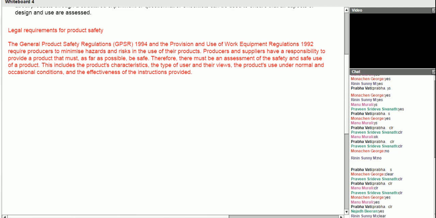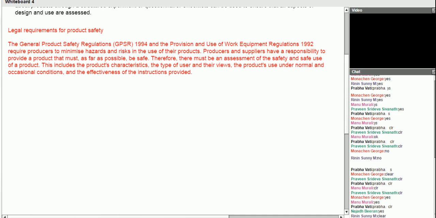Okay, next is the legal requirement for product safety. There is a general body, GPSR, whose full form is General Product Safety Regulation, which has made the policy for the product safety of all products, or they have decided the standard for each and every product.